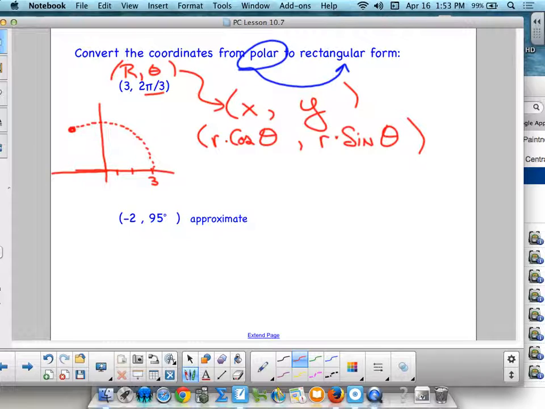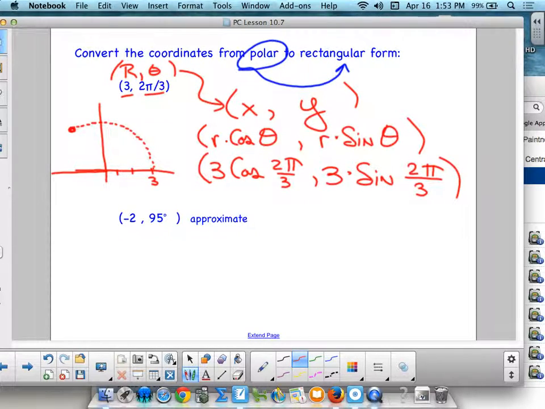So then I'm thinking, oh, my r value is 3. My angle is 2/3 pi. Then I'll do this one. So I'm just taking the polar coordinates, sticking them into the formula, and I'm going to work it out.